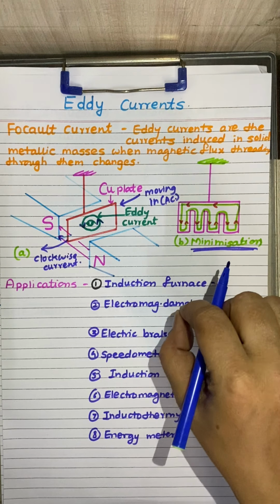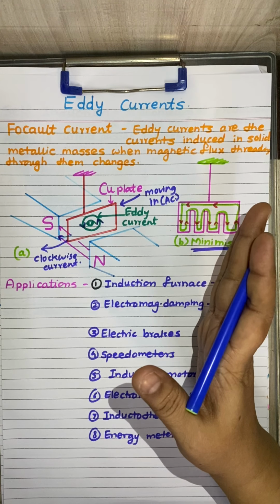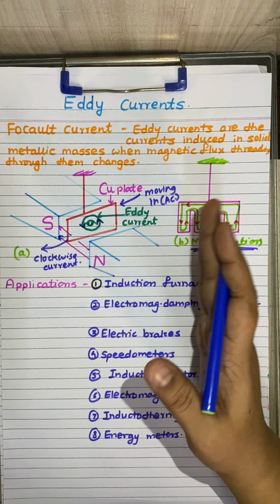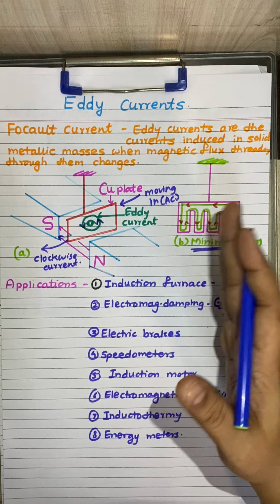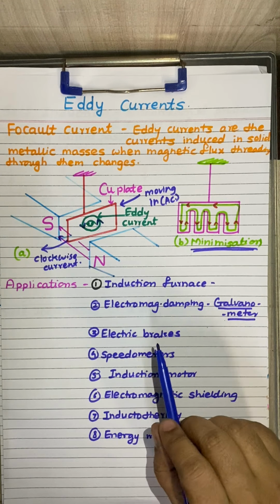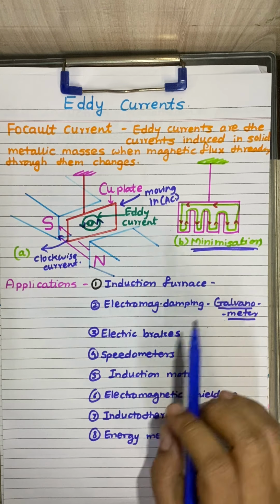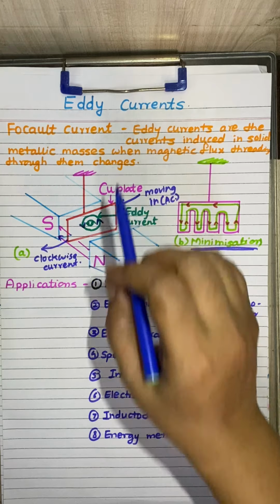As soon as we close the key, the pointer will show the deflection and stay at the same place. It is not continuously damping. That particular fluctuation of the pointer is stopped or removed by the electromagnetic damping of the galvanometer, which is the application of the eddy current.